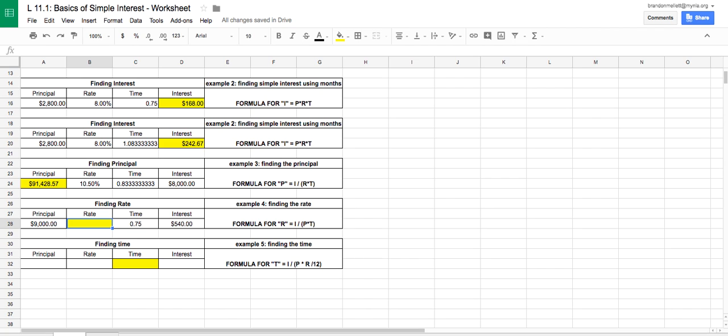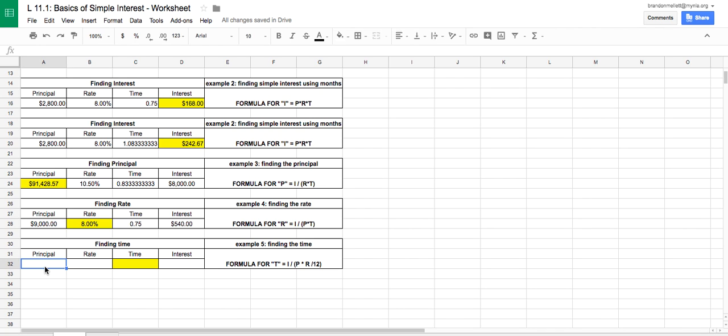So to find the rate, we go equals, just like we would here in the formula, I divided by parentheses P times T. And when we calculate it out, our rate is 8%. Again, parentheses are important, so it knows what order of operations to do.